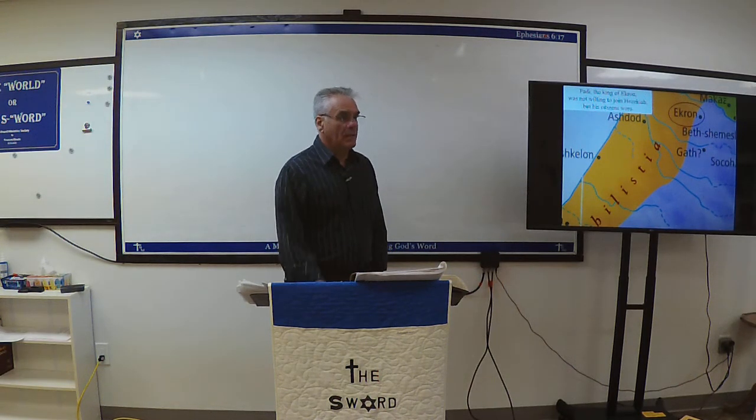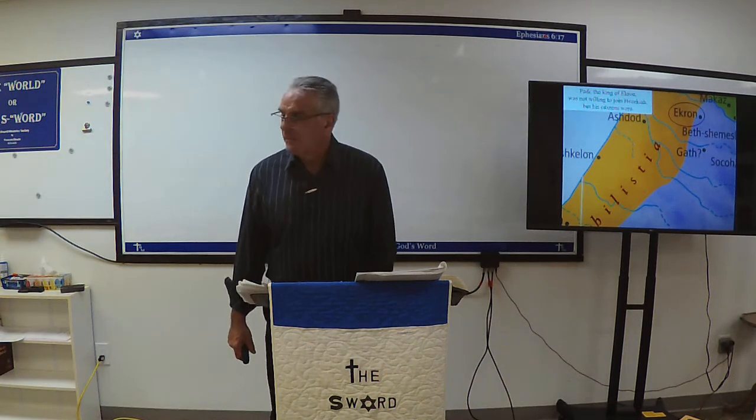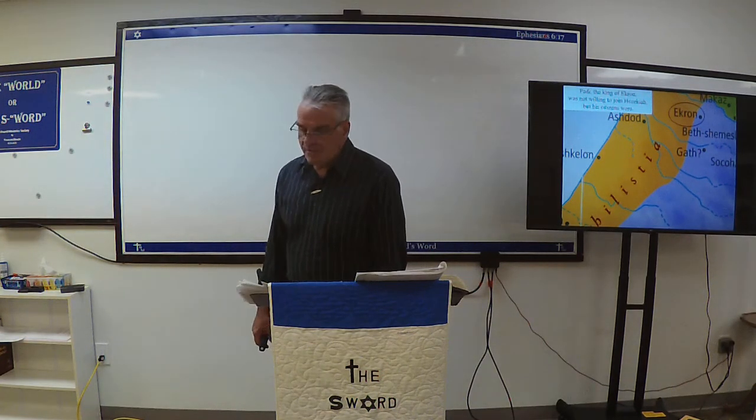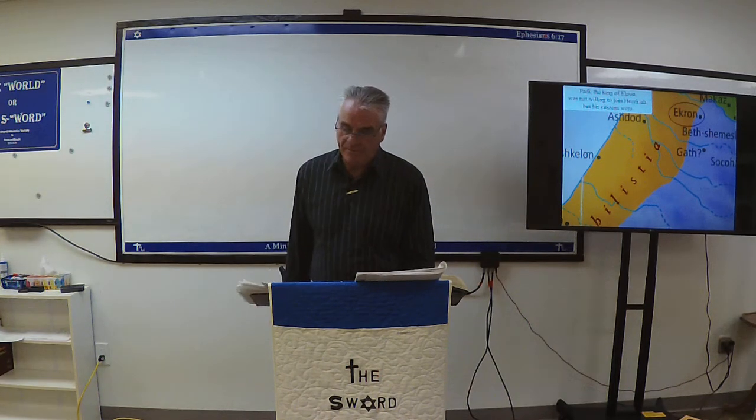Guess what? Good King Hezekiah put Paddy in prison in his own backyard. So Paddy was imprisoned by Hezekiah because Hezekiah right now is stubborn, wants to do his stuff.